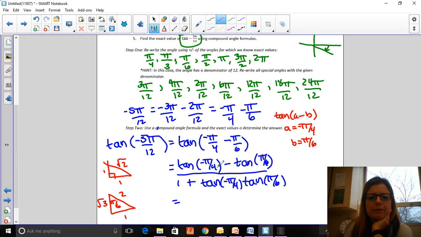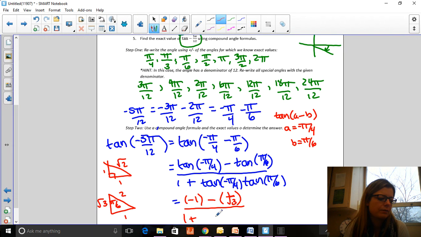So the tan of negative pi over 4 is actually negative 1, because negative pi over 4 is in this quadrant. And then tan of pi over 6, remember that's opposite over adjacent, will be 1 over root 3. All over 1 plus, again, the tan of negative pi over 4 is negative 1, and tan of pi over 6 is 1 over root 3.